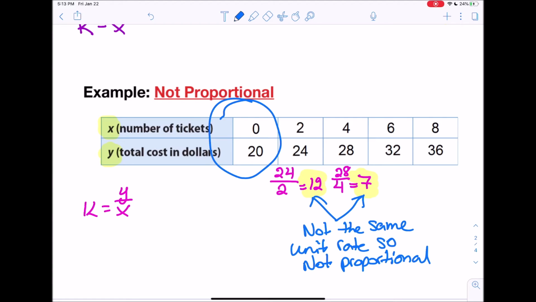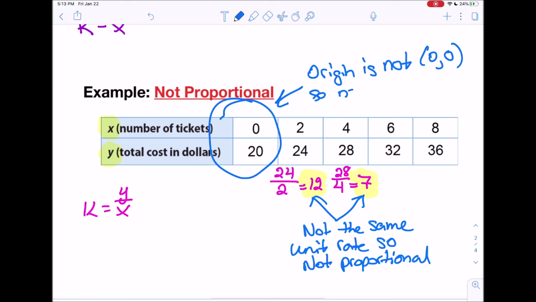Remember, the origin also has to be 0, 0. And the origin is not 0, 0, meaning if x is 0, y has to be 0, and if y is 0, x has to be 0. The origin is not 0, 0, so that's another reason why it's not proportional.